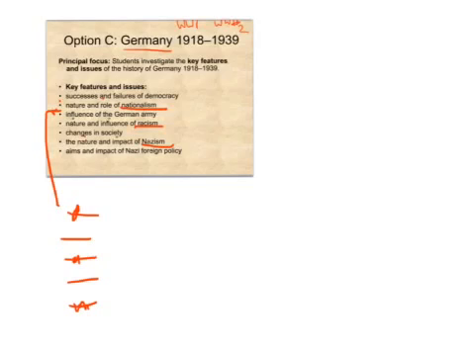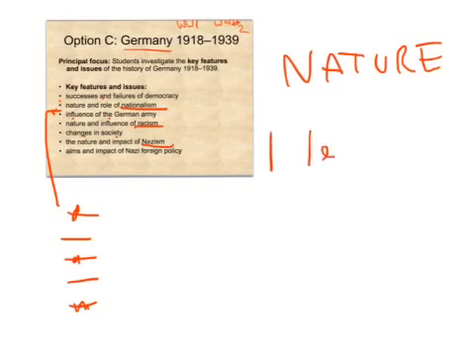Okay, so we're looking at the nature of different ideas, okay, the nature of nationalism in Germany during that time period, the nature of racism in Germany. Okay, so not just racism in the 21st century, but what did racism look like in Germany during that time period?